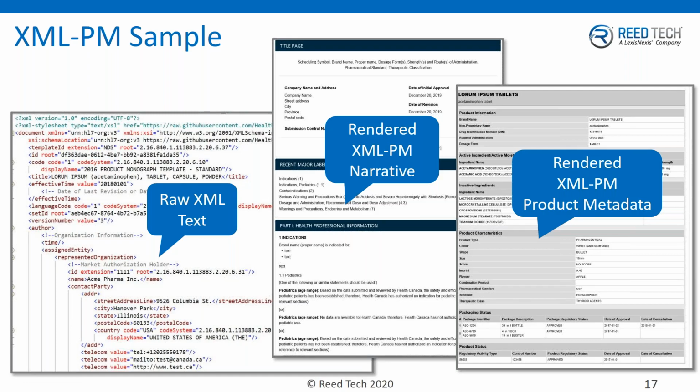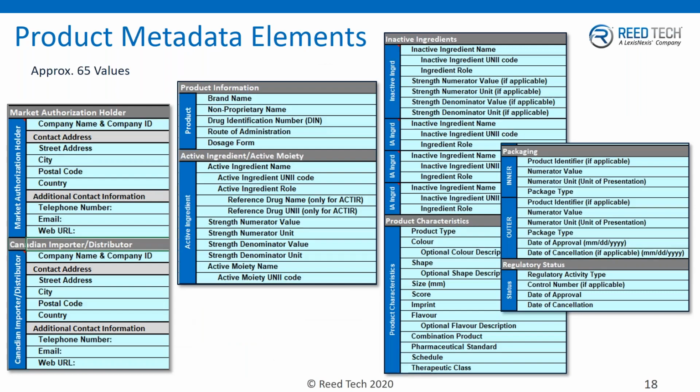The layout is very close to the FDA's presentation of the metadata in this table format. There are a number of attributes, or product metadata elements, if you will, about that particular product. Many of these, if not all, are maintained in the product monograph, but they're held in text, in narrative form.